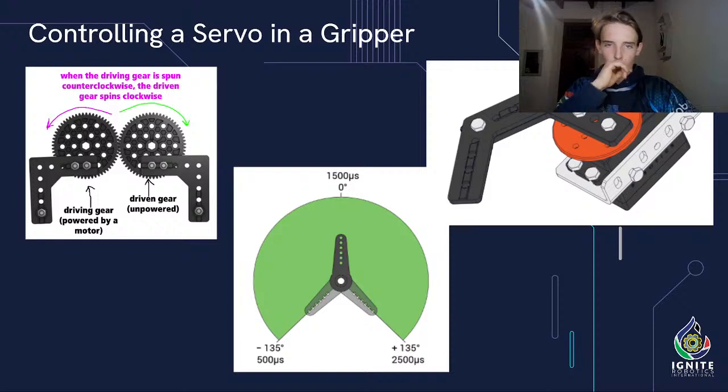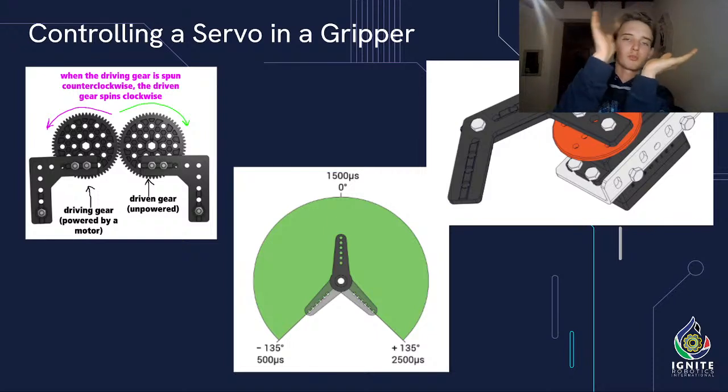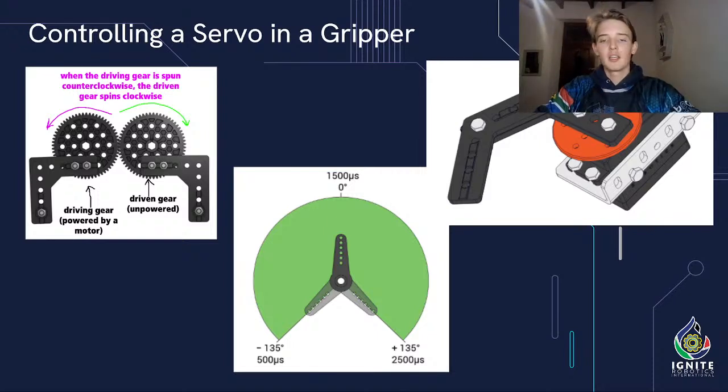You can see this green range. That's normally the physical range that a servo can move without being stopped mechanically inside the servo. But you can make that range smaller, or smaller from one side specifically, if you want to, using the servo programmer. But we don't really need to know that at this point.